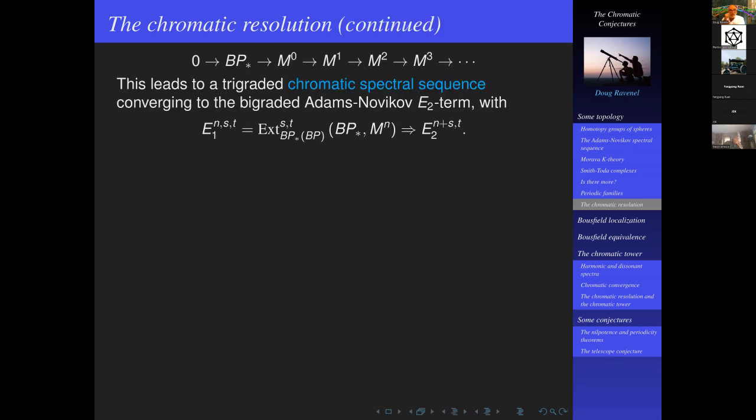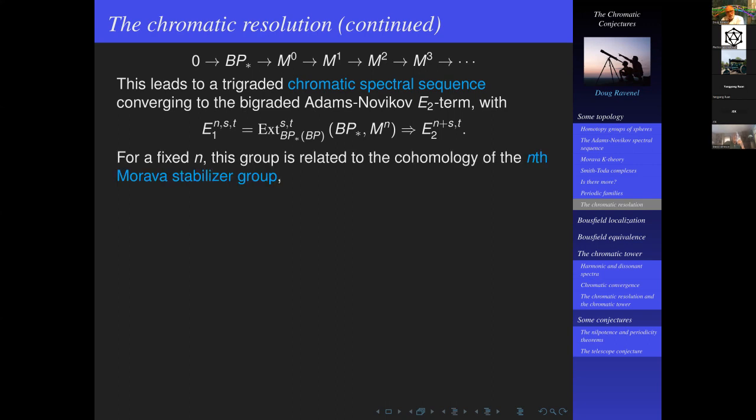And if you have a long exact sequence like this, then it's an exercise in homological algebra to show that you get a trigraded spectral sequence converging to the Adams-Novikov E2 term, and the input has to do with Ext groups for those yet to be defined modules M0, M1, M2, M3, and so forth.